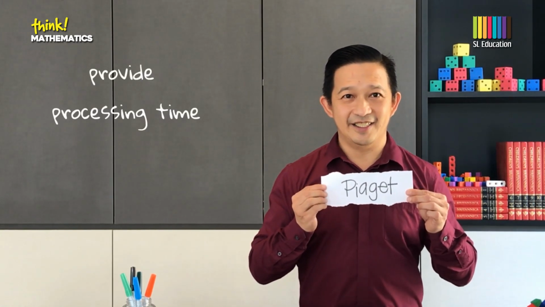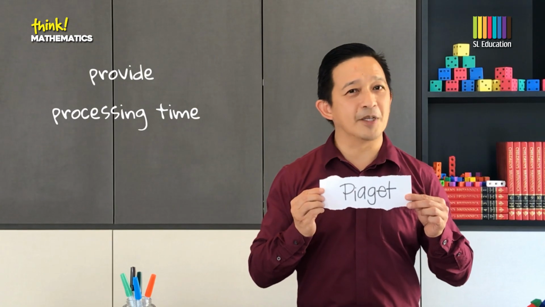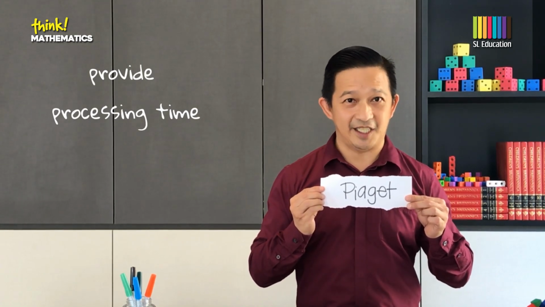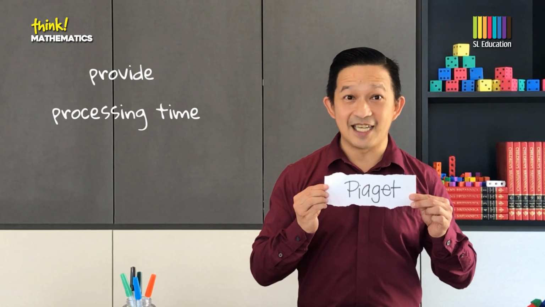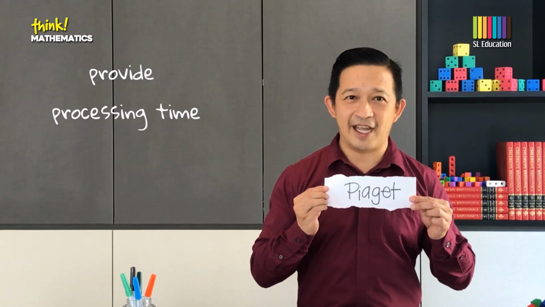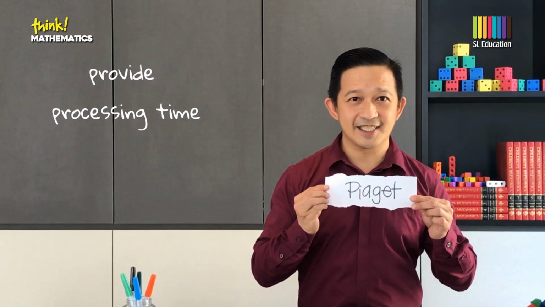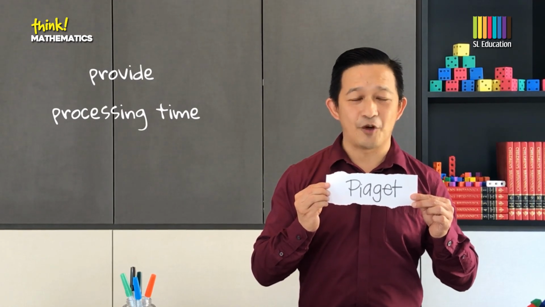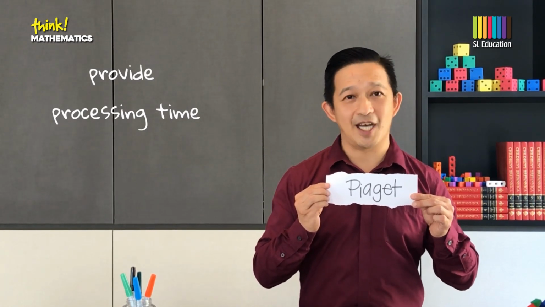We can take the ideas of Piaget. Make sure there's ample processing time during learning. In other words, less is more. Give them an anchor task so that they are not rushing from one exercise to another.